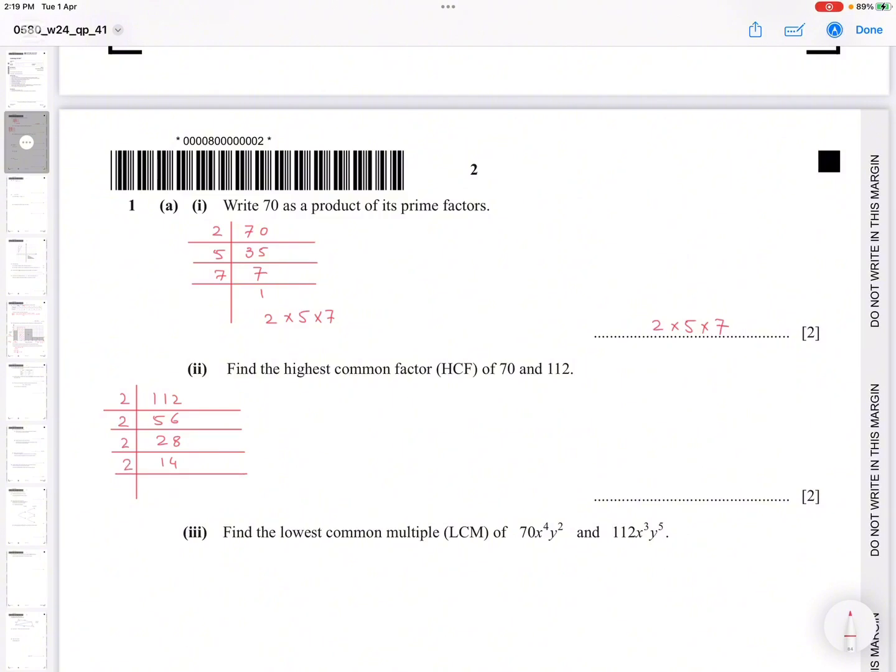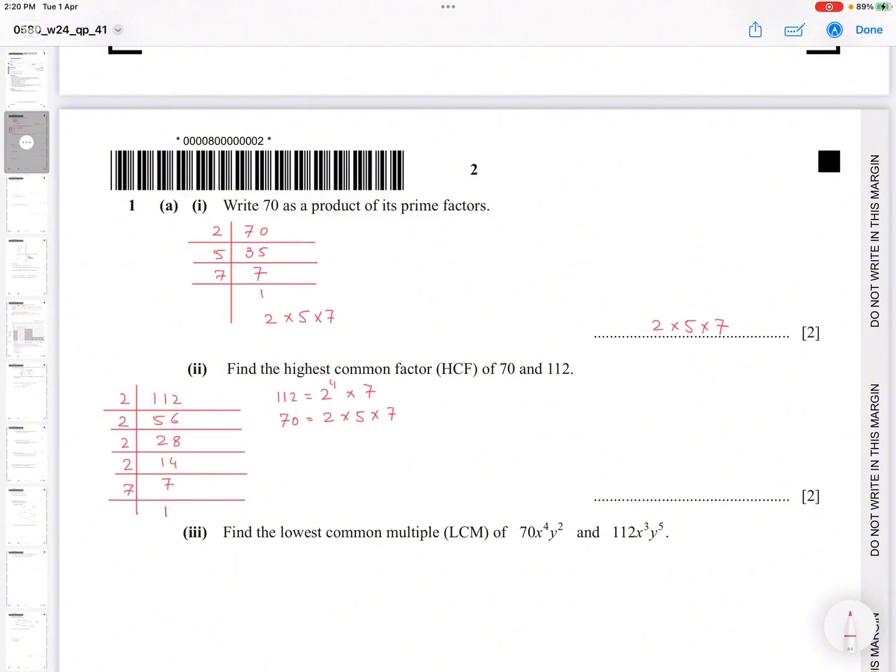And 2 times 7 is 14. And now 7 times 1 is 7. So the prime factors of 112 equals, there are 1, 2, 3, 4 twos, so we can write 2 power 4 times 7, and write down the prime factors of 70 under it. So 2 into 5 into 7.